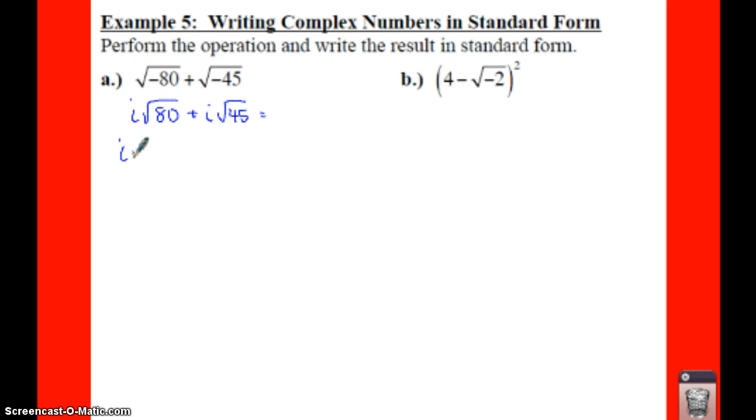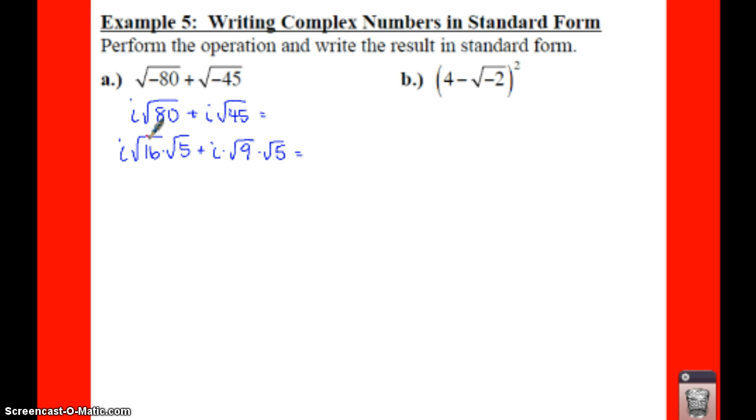So if you take the radical 80, that can break down into a square root of 16 times square root of 5. I always break them down into the biggest perfect square that goes into each of those numbers. Perfect squares are like 1, 4, 9, 16, 25, 36, on and on. For 45, you get a square root of 9 times a square root of 5.